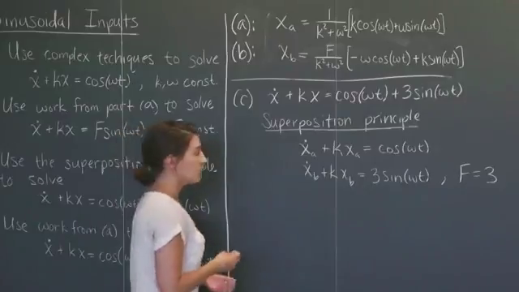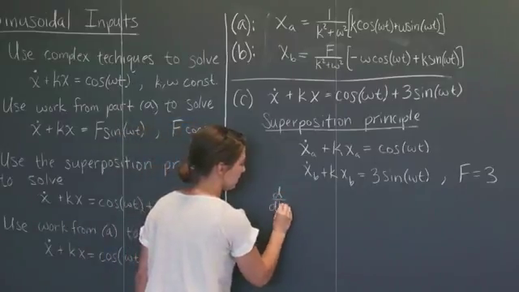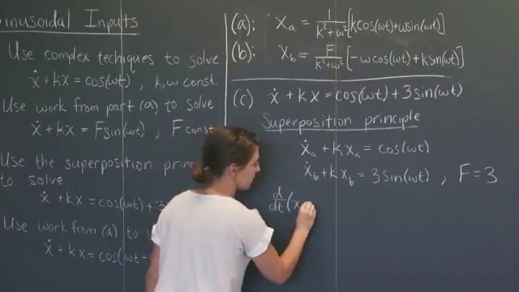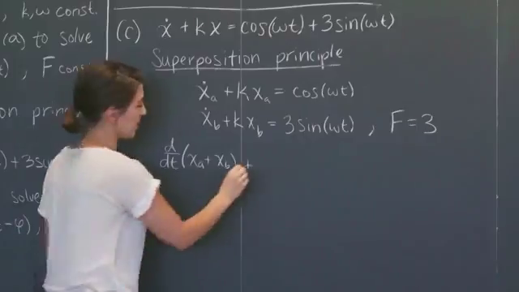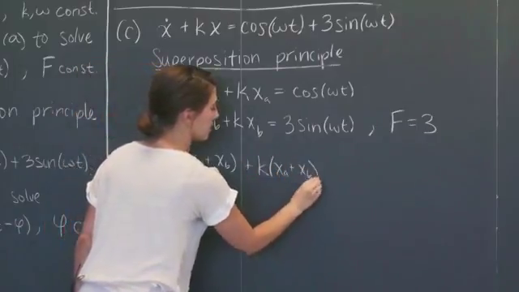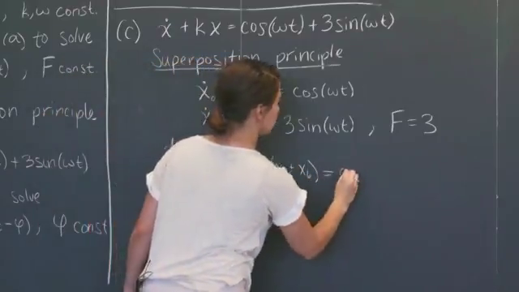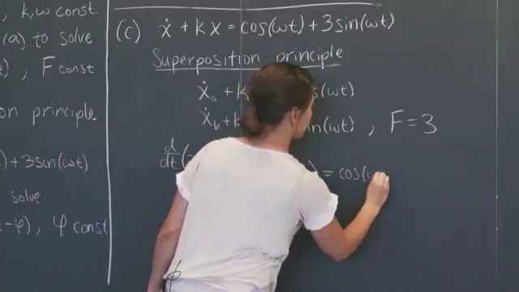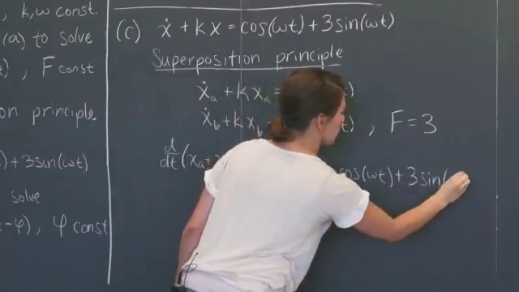Okay? So now, by linearity, we can write that d dt of x sub a plus x sub b plus k times x sub a plus x sub b is equal to the sum of the right-hand sides: cosine omega t plus 3 sine omega t.